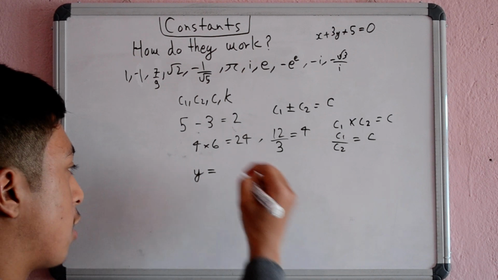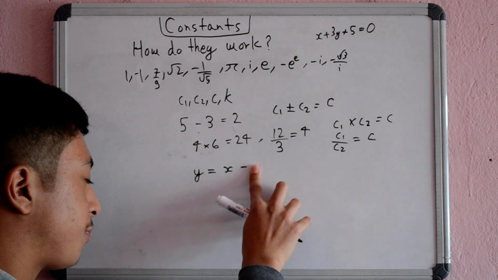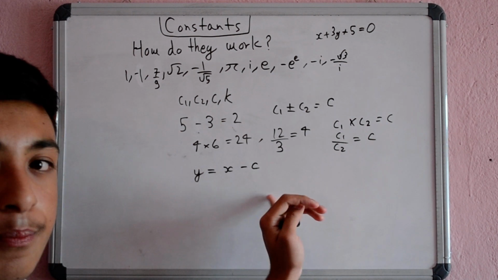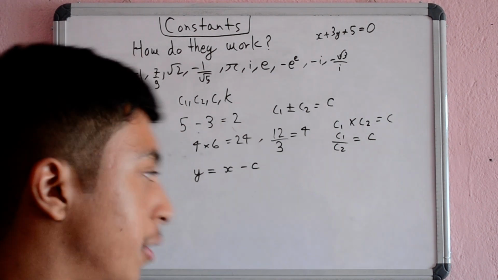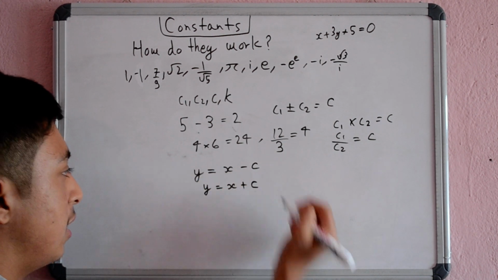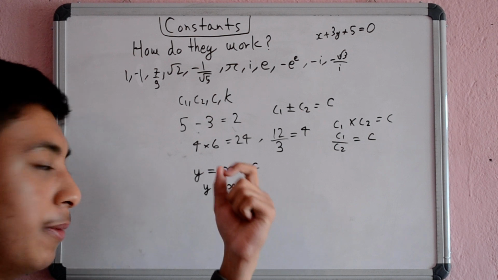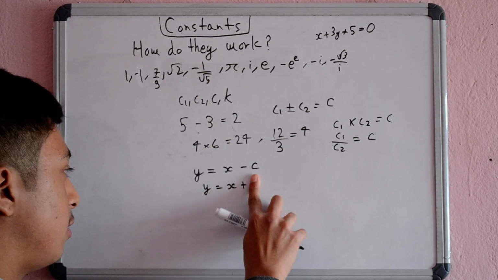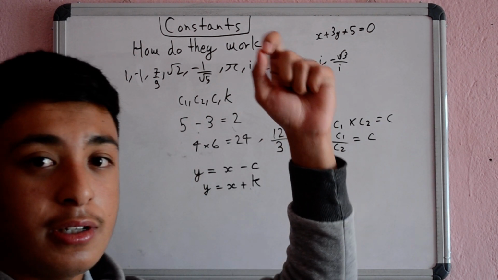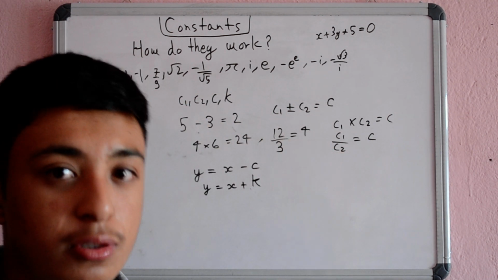Let's say we have y equals x minus 3, or not 3, let's just say x minus c. So here what I can do, in the next step, is write y equals x plus c. Now, I like to do it for differential equations, as part of the procedure, but for your understanding I'll write plus k. Now, as I said, numbers can be real or imaginary, and real numbers can be positive, negative, rational, or irrational.